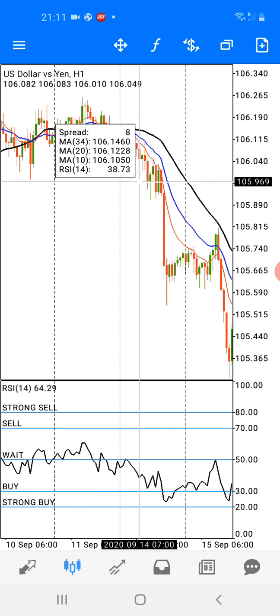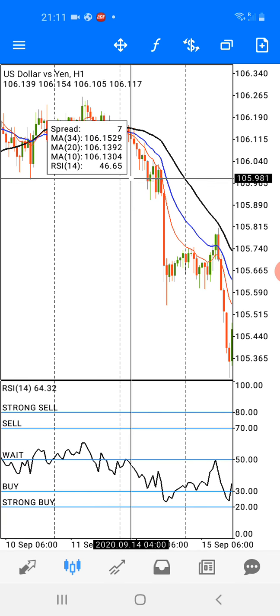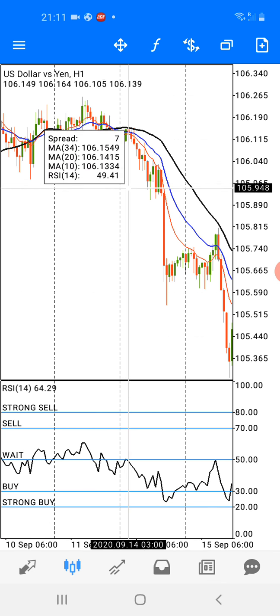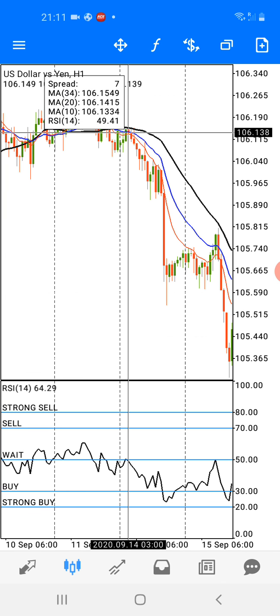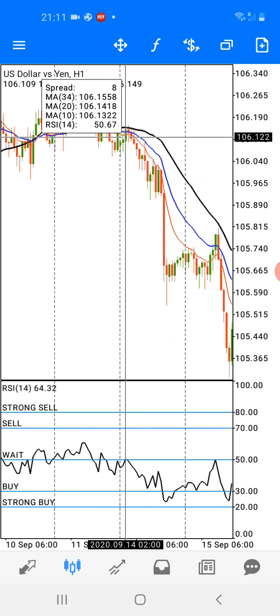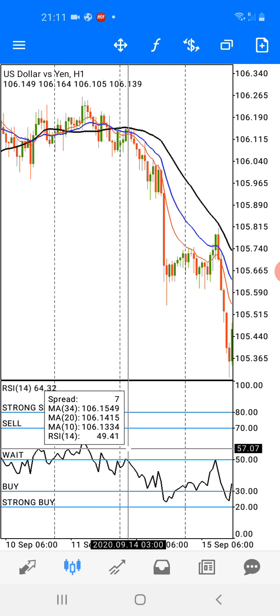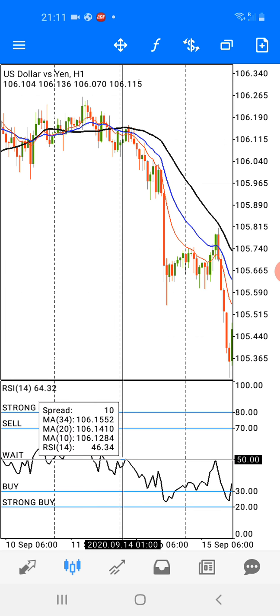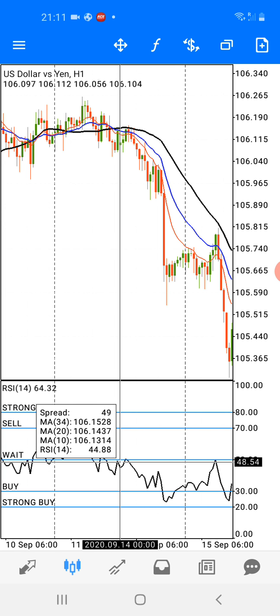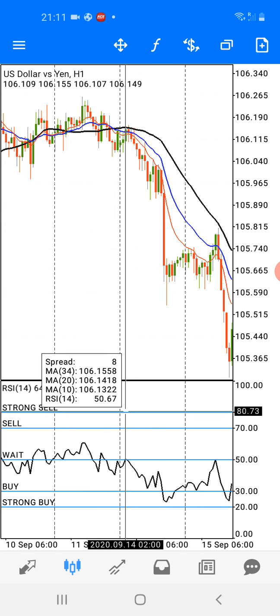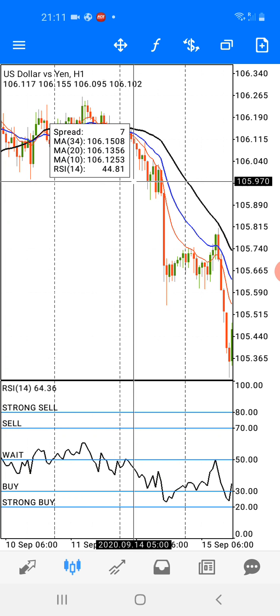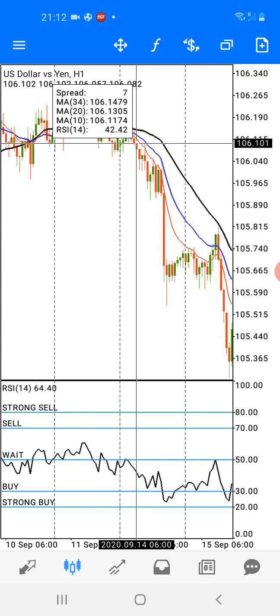You find out that before then, these two candlesticks retraced the market to the 34 moving average, and of course, the relative strength index also retraced to the 50 weighting level. So this shows you that immediately this bearish engulfing candle developed, you have to enter a sell from here.